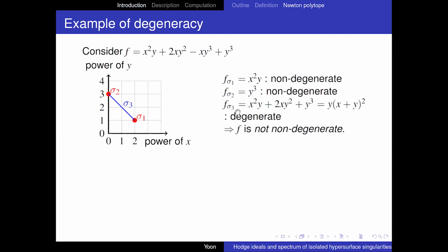F sigma 3, this can be factored like this: y times (x plus y cubed, or y squared). So it has a singularity along x plus y equals 0, which is not in the coordinate axis. So it is not non-degenerate.